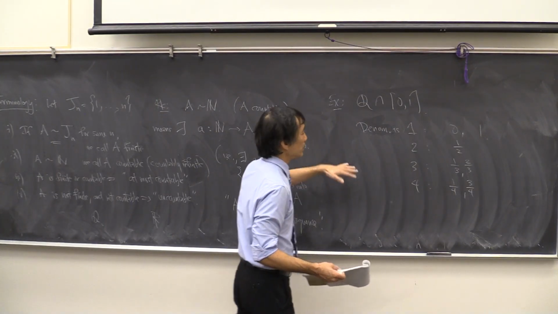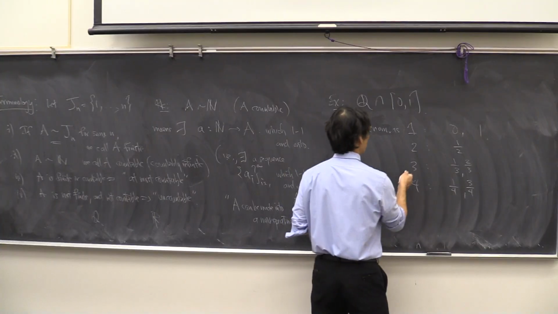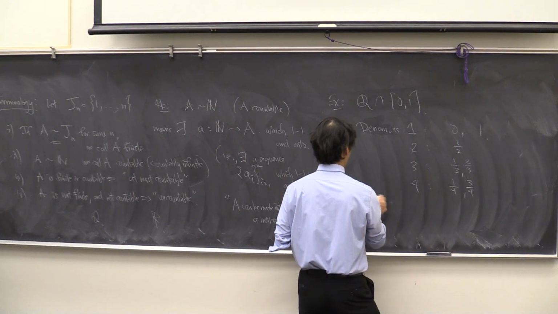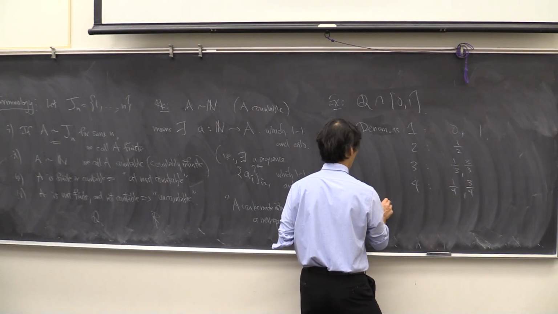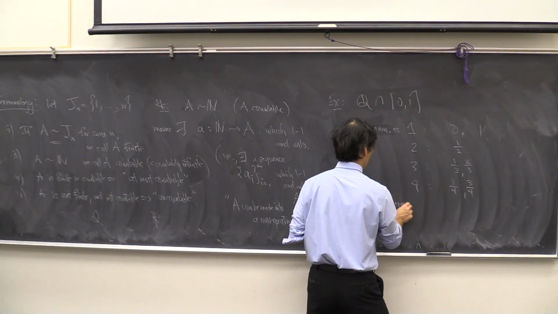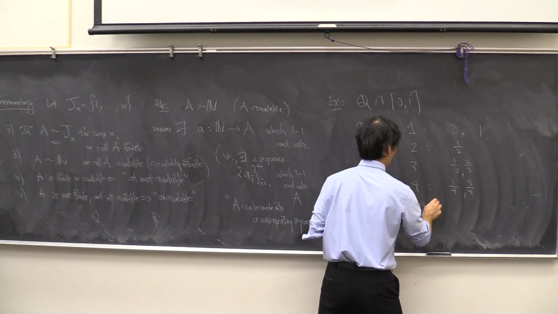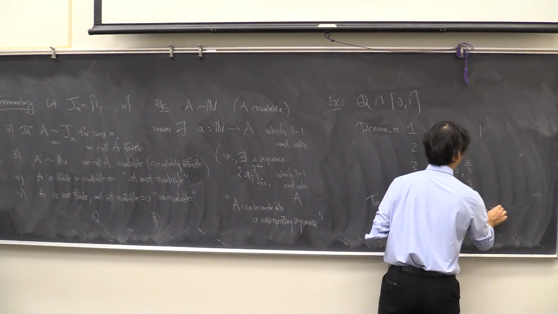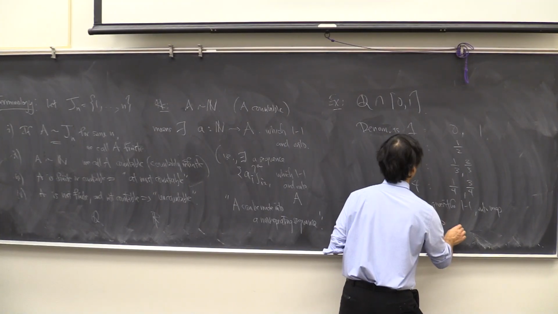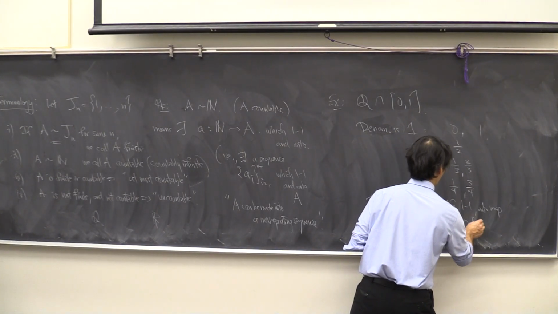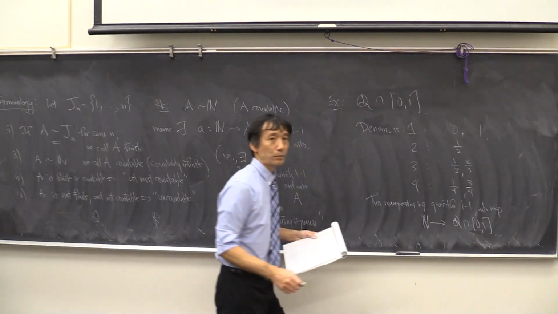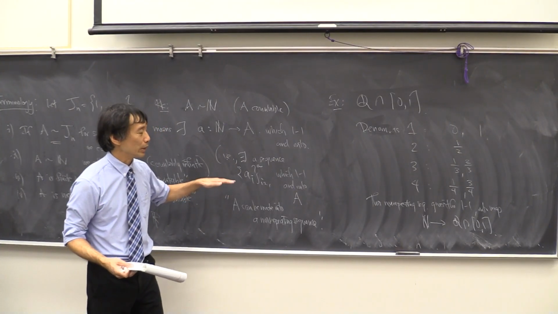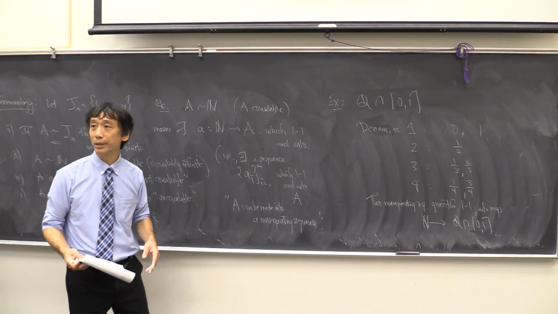And so this gives me the one-to-one map from this non-repeating sequence, the one-to-one onto map from N to Q intersect [0, 1]. And so you see that the rational numbers in [0, 1] are a countable set.